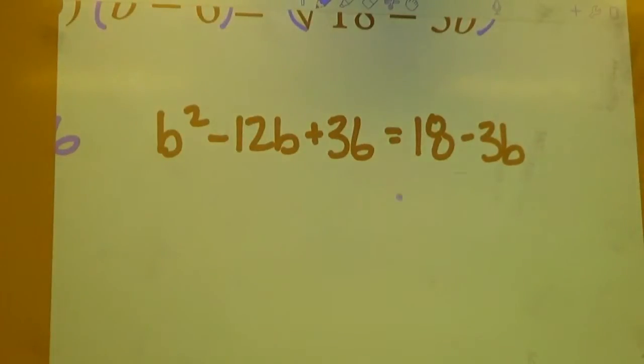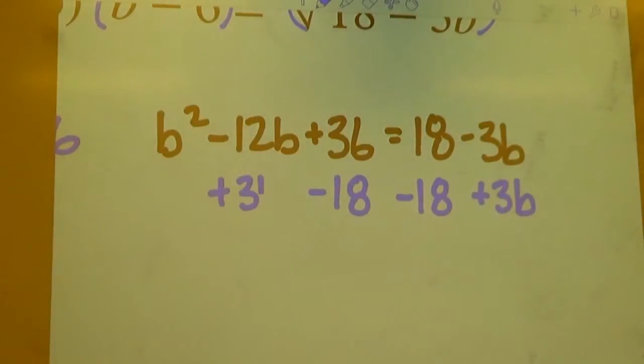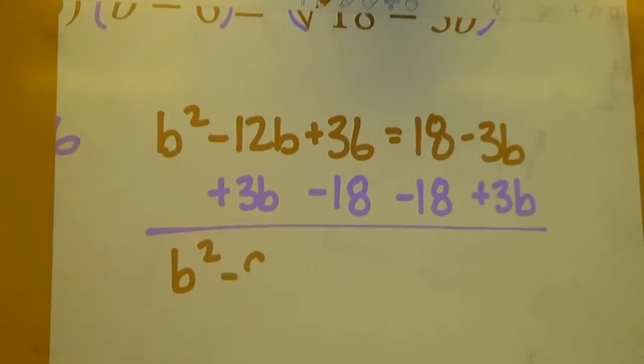I'm going to subtract 18 and add 3b. So I'll end up with b squared, negative 12 plus 3 is negative 9b, plus 18 equals 0.